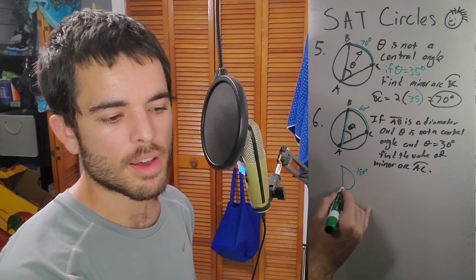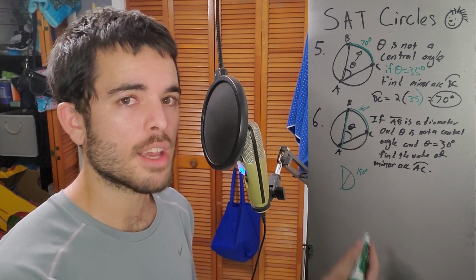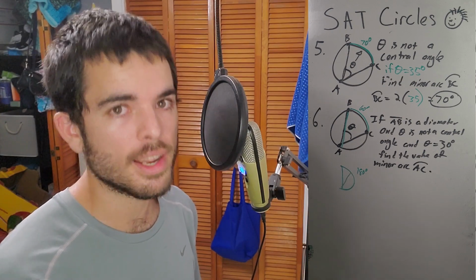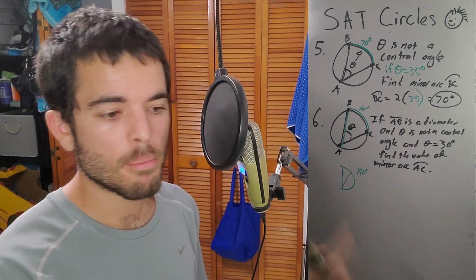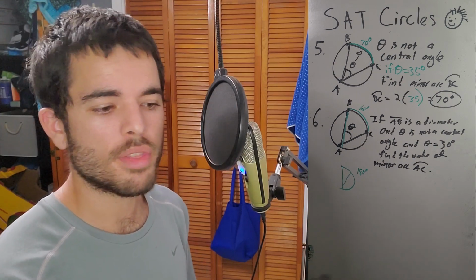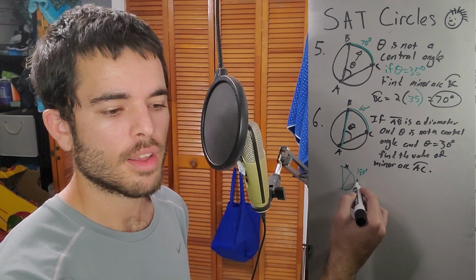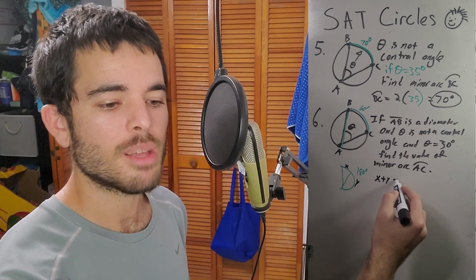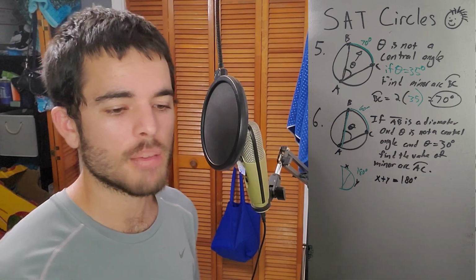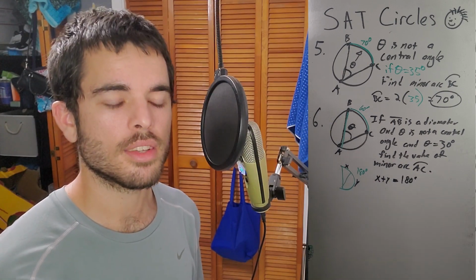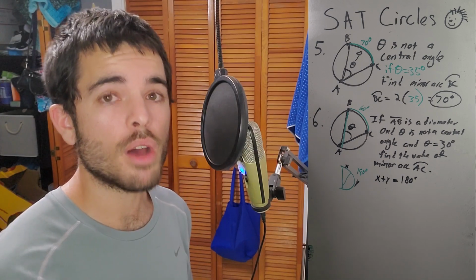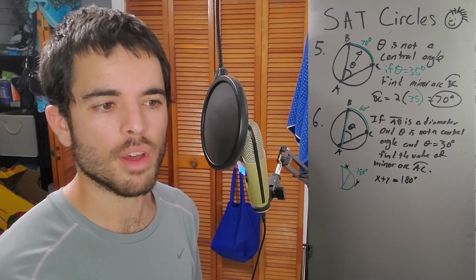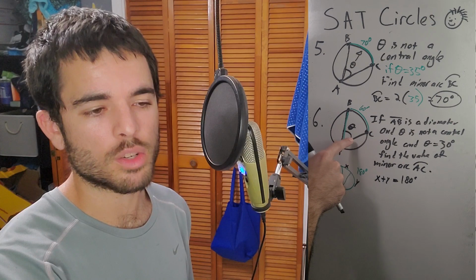So no matter how I cut this, both of those segments are going to add up to 180, right? Both of these segments here, no matter what their sizes are, if we add them together, they're going to give me 180 degrees. Well, guess what? I know the value of one, and I have to find the value of the other. Let's relate this back to our actual diagram.